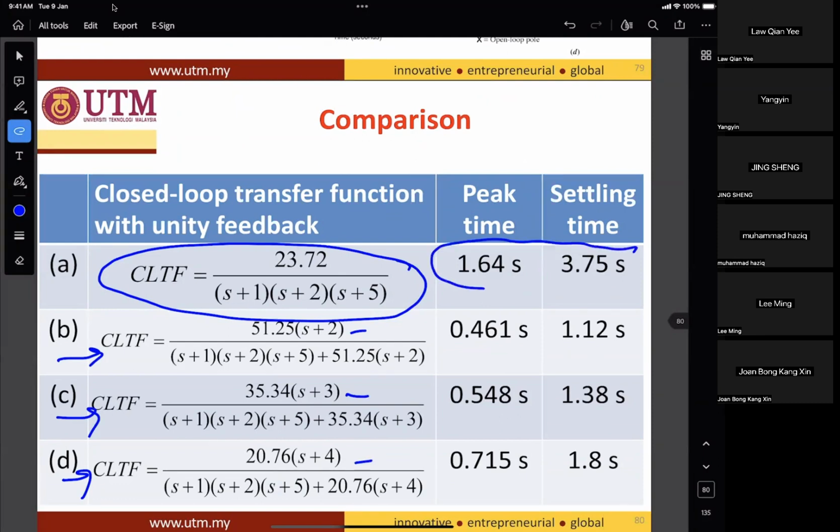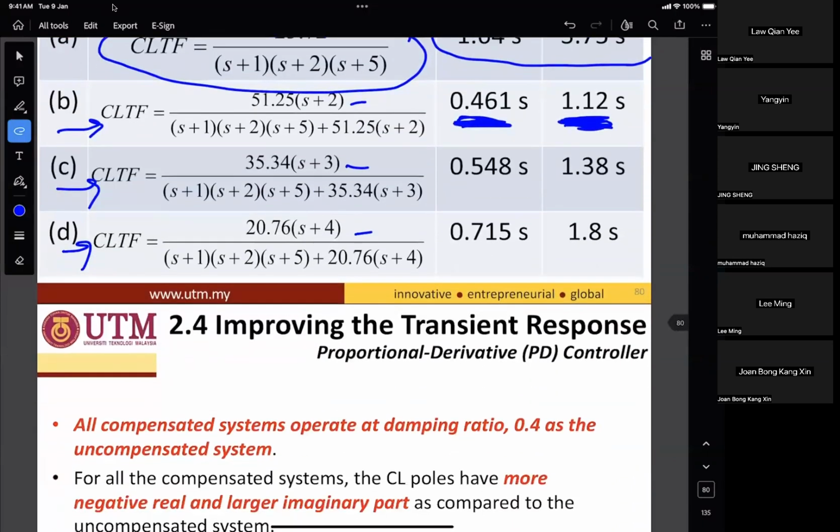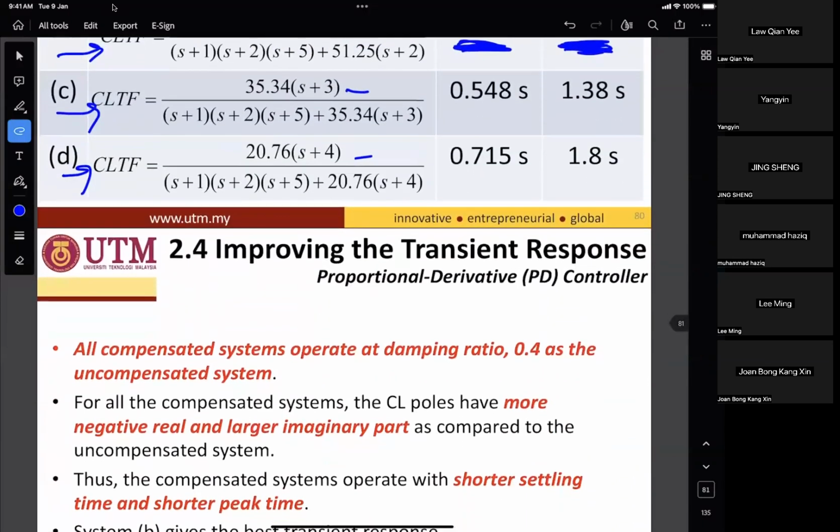This is the benchmark, 1.64. So we use 3 approaches. It seems that adding a zero at minus 2 will give you a faster response. Agree? Compared to the other two.